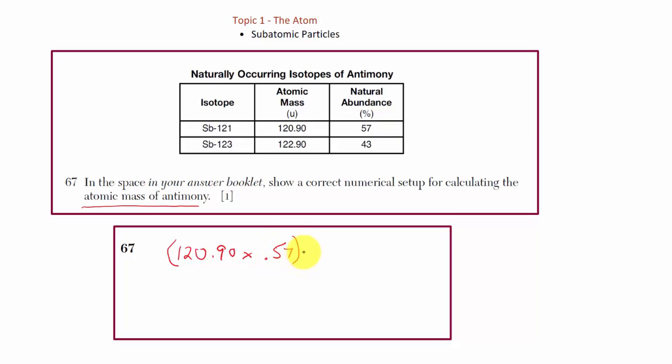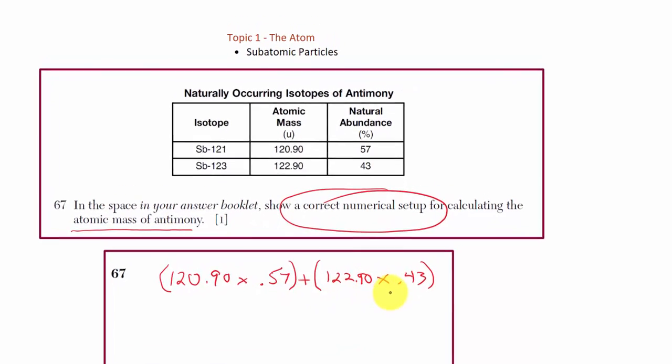And we're going to add that value to the antimony 123 contribution, which is 122.90 times 0.43, the decimal equivalent of 43%. Now, as you notice, they've only asked us for the correct numerical setup, so you need not go any further. Just give us the setup.